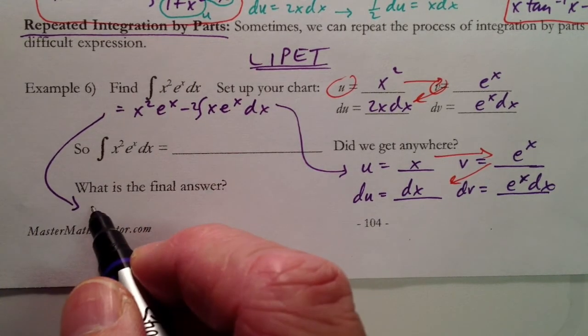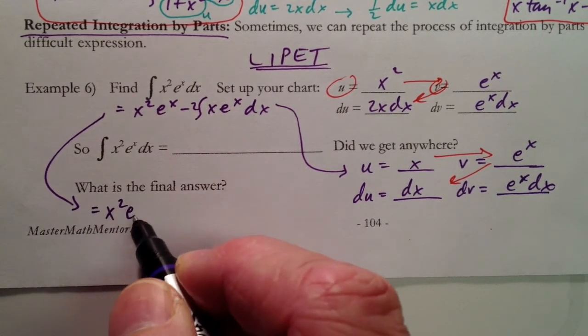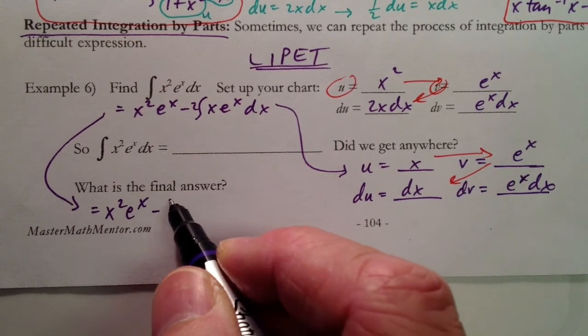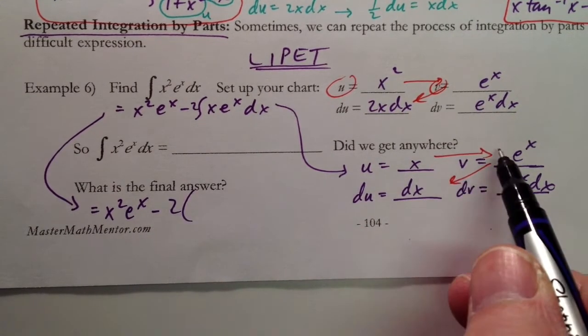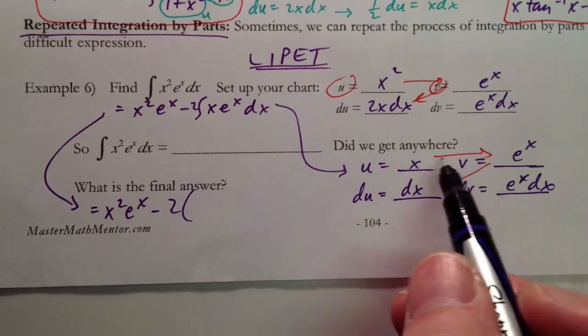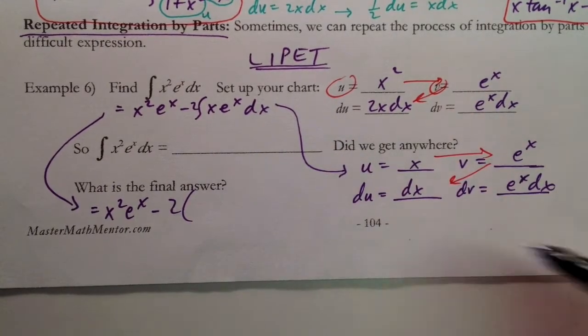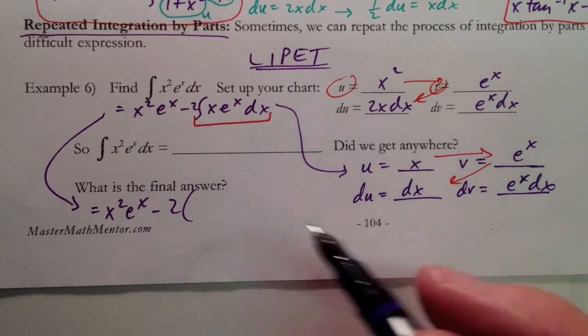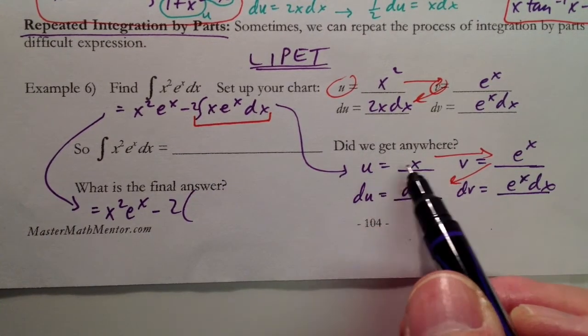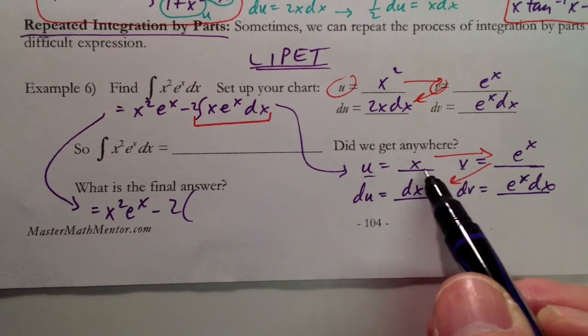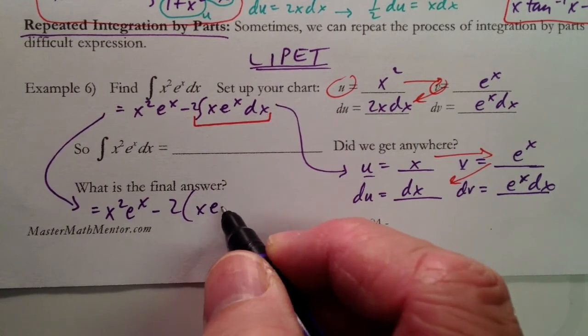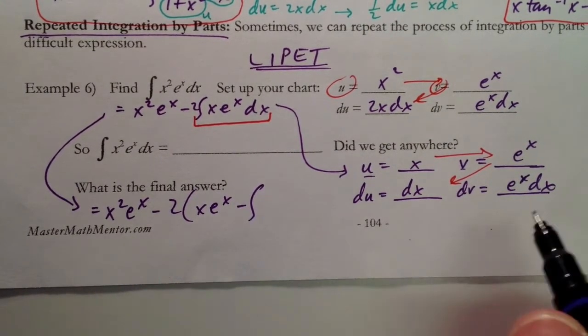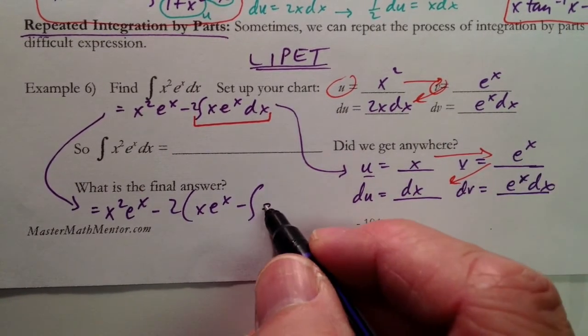equals x squared e to the x minus 2 times this now. Okay, so all this stuff here, ultraviolet voodoo, is the antiderivative of everything here. 2 times what? uv, so u times v is x e to the x minus the integral of e to the x dx.